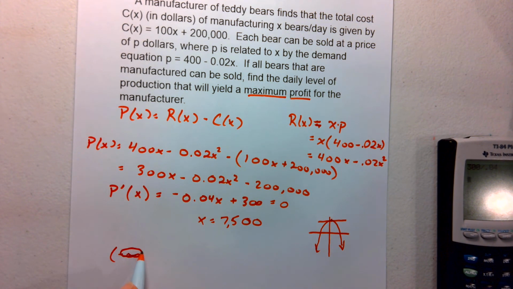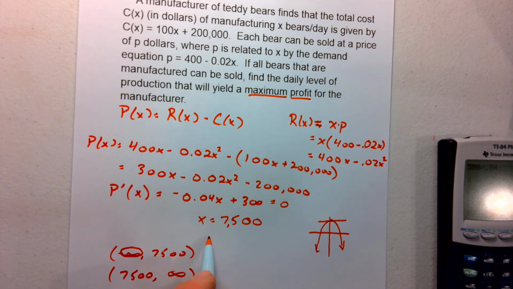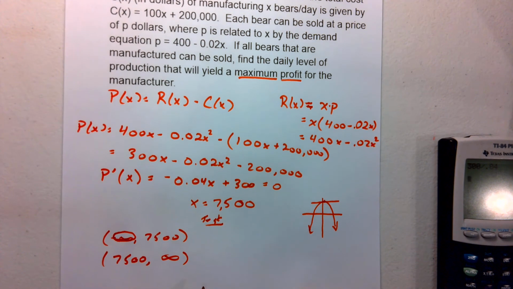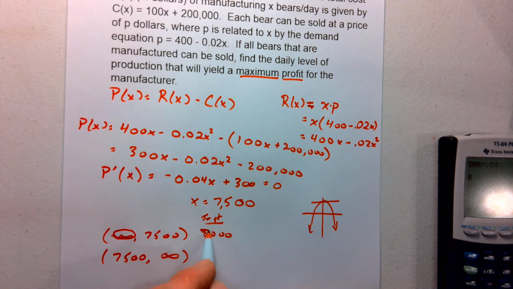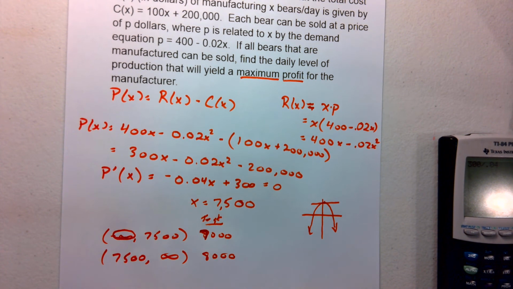We can go from 0, because we can't produce less than 0 bears, up to 7,500, and then 7,500 to infinity. We find a test value, just like we did when we graphed and created those interval charts. So I'll say 7,000 below, and above 7,500, I'll say 8,000.